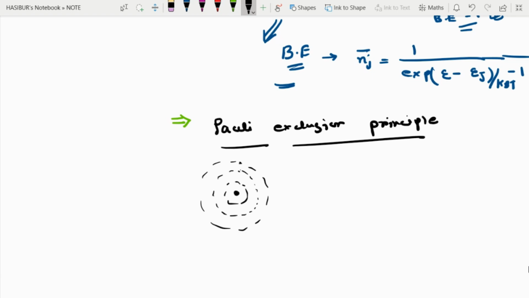Now for this atom, two electrons cannot have the same quantum numbers. What are the quantum numbers? They are n, l, m_l, m_s. This is the principal quantum number.